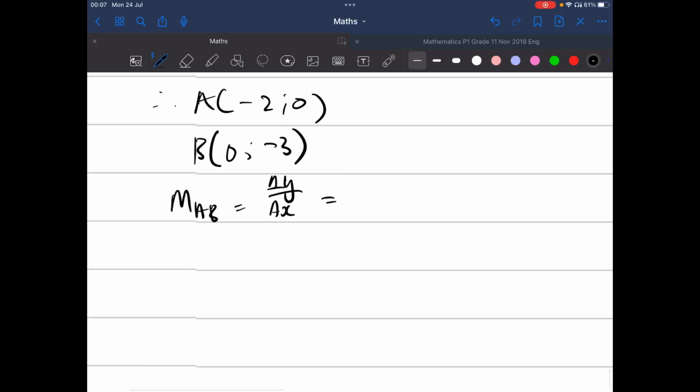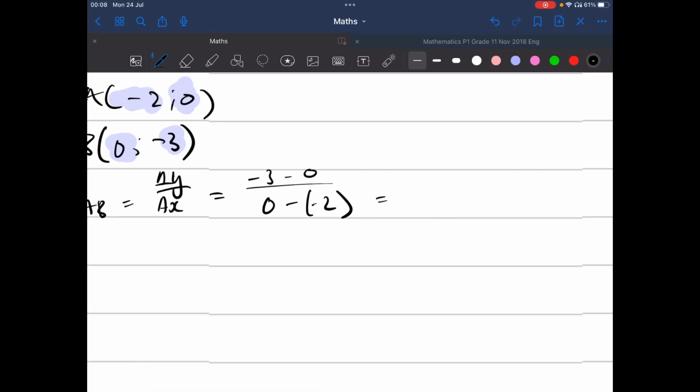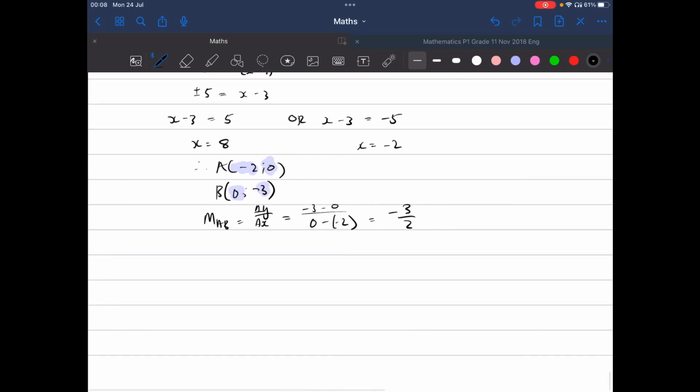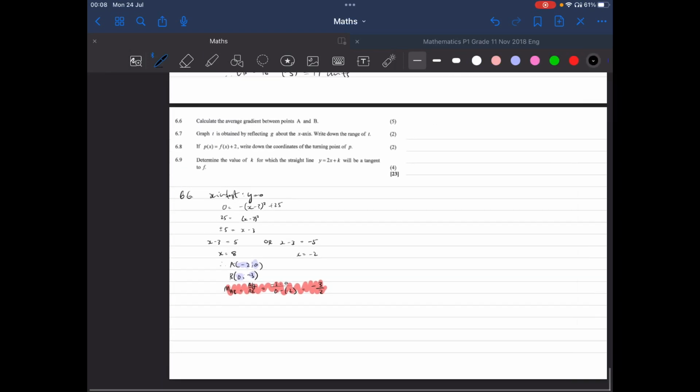Let's take our two y values, minus 3 minus 0, over our two x values, 0 minus minus 2. And that gives us minus 3 over 2. So that's our final answer then. That's our average gradient.